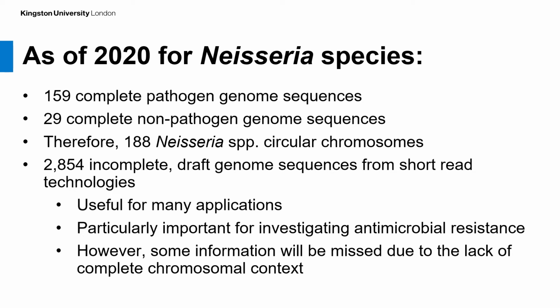However, some information will be missed due to the lack of complete chromosomal context. So not being able to see the whole of the chromosome and how those various contexts fit together, how many copies there are of the various genes, where all the regulatory regions fit together, and the whole of the chromosome as one piece.